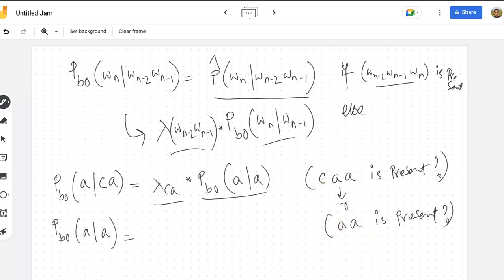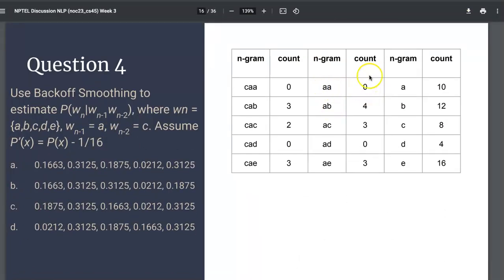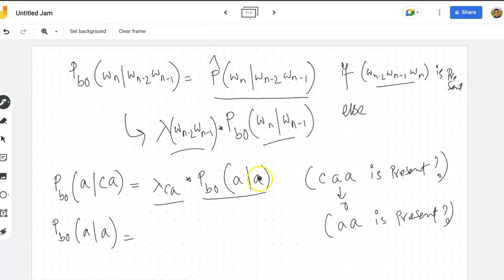Let's see in the table if A is present or not. A's count is 0. So again we are out of luck. Okay, so it is 0. So we should not go with the first part. So we will need to backtrack to the next.